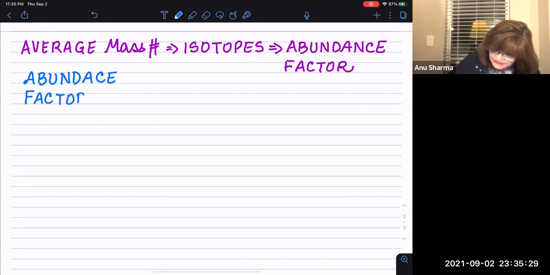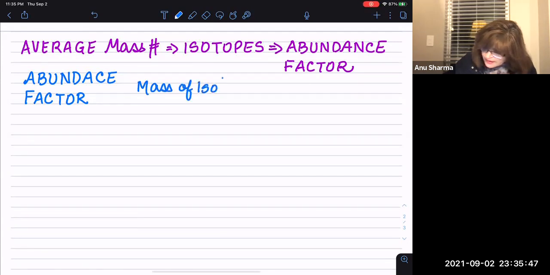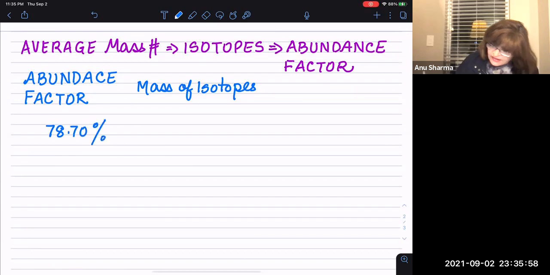So here is the abundance factor of magnesium 24. Let's look at the actual mass of the isotopes. 78.70%, magnesium 24 that we call, is actually available in nature as 23.99.